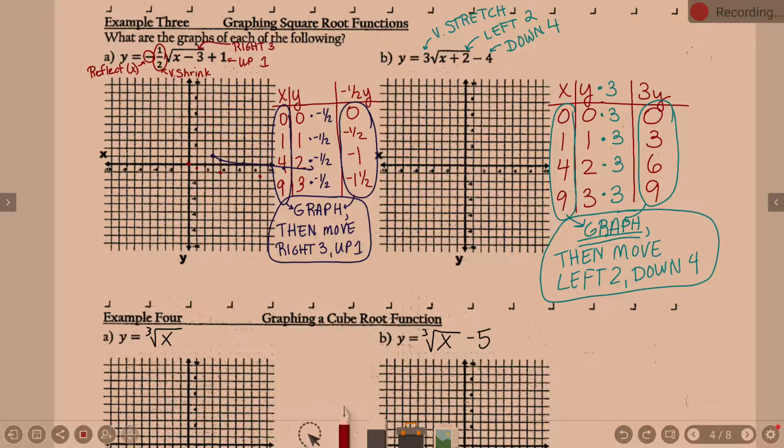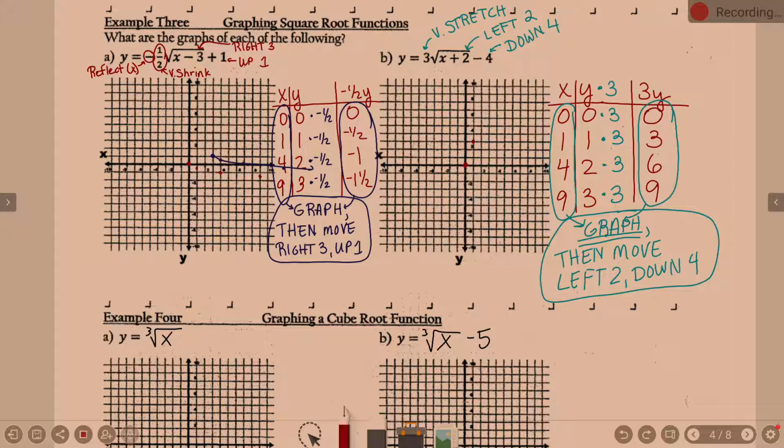Okay, so instead of 0, 0, I'm going to graph 0, 0. That one doesn't change. Instead of 1, 1, I'm going to graph 1, 3. So I'm going to go right 1, up 3.